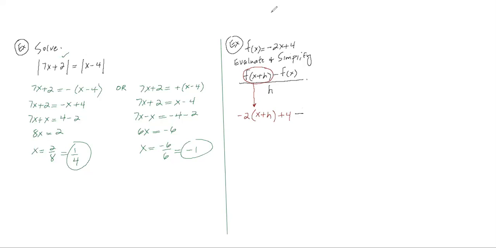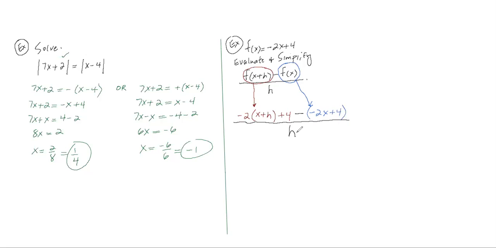Let's do this part in blue. So what do I replace this with? In parentheses, negative 2x plus 4. Just like that. It'd be in parentheses, so you have to distribute that as negative. Very good. And then you're going to divide this by an h.